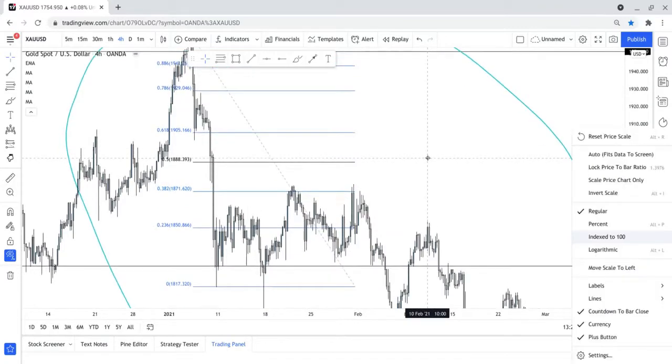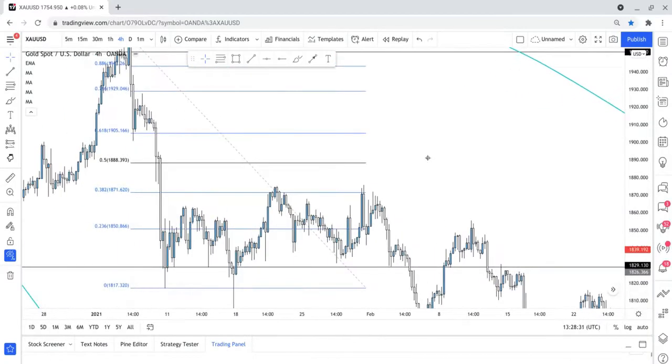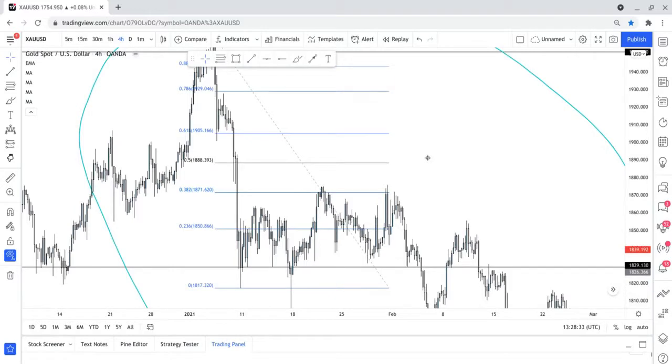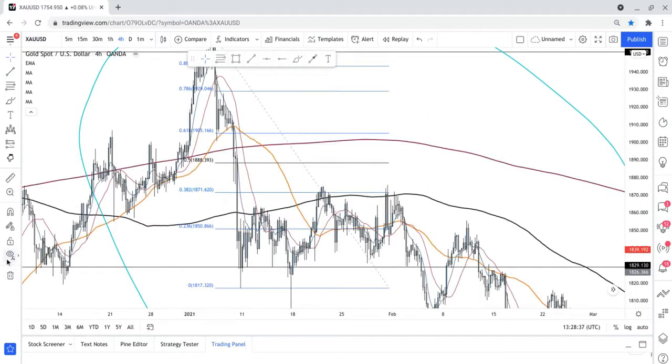And we always need 2-3 confirmations before we do a trade. We're going to use, for example, moving averages. We're going to use more equipment as our support system to find a new entry.